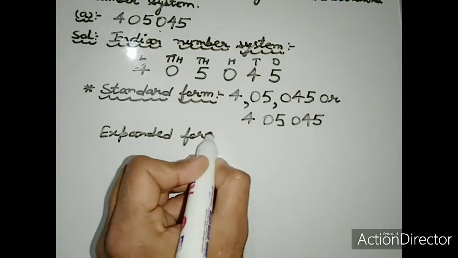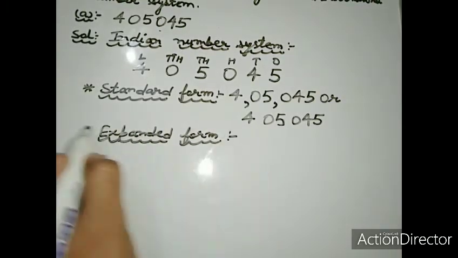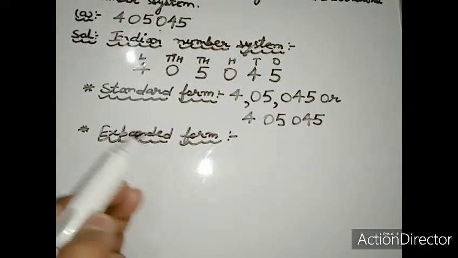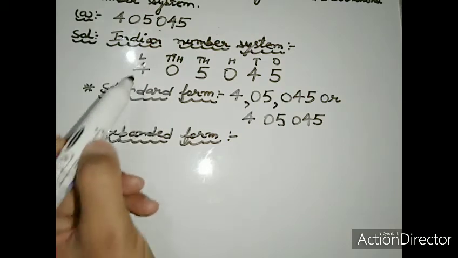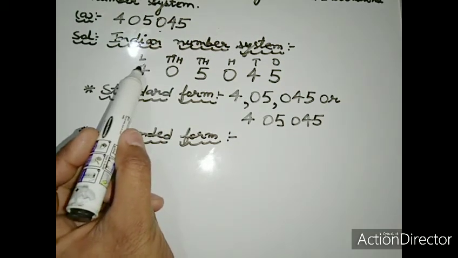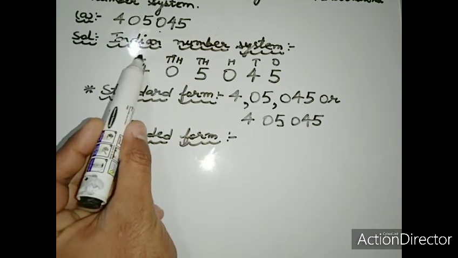Expanded form. So how do we write the expanded form of the number? Here we start from the left-hand side and multiply the face value of the digit by its place value.